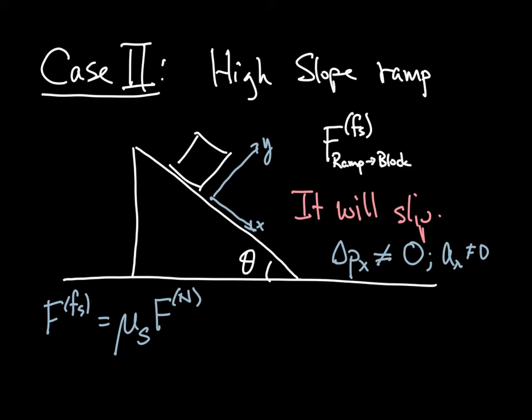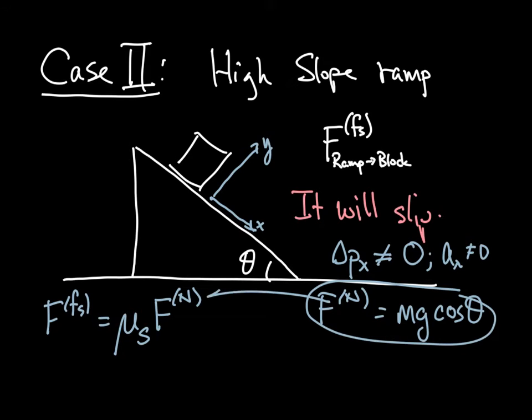And so we can use this to find that equation. Since we had written down before, the normal force is just equal to mg cosine theta, we can plug it in here.